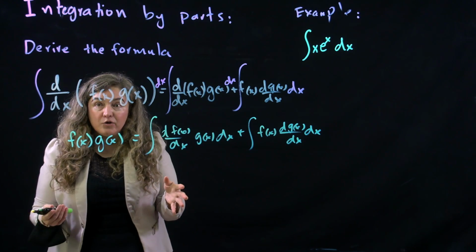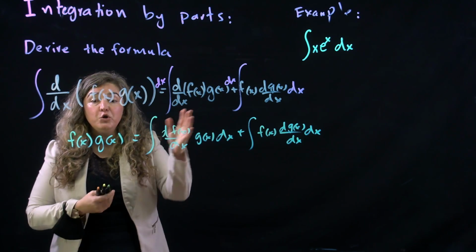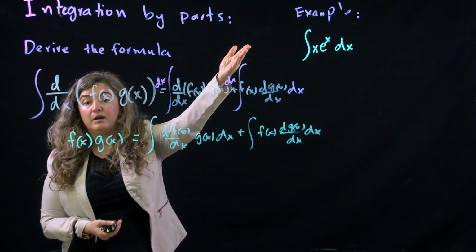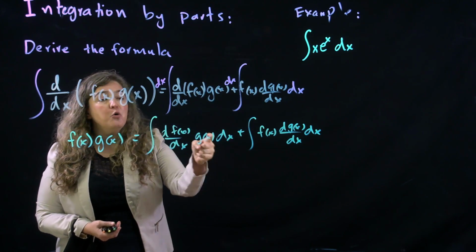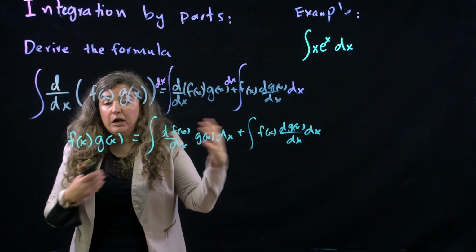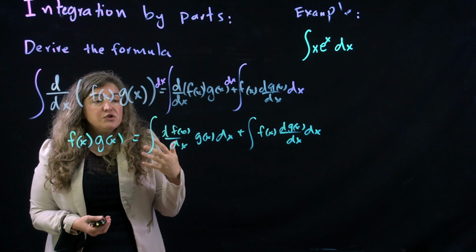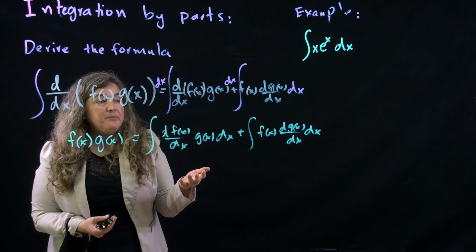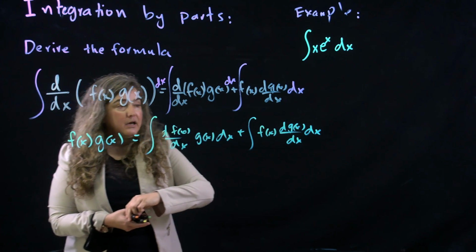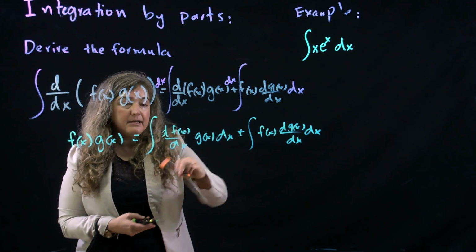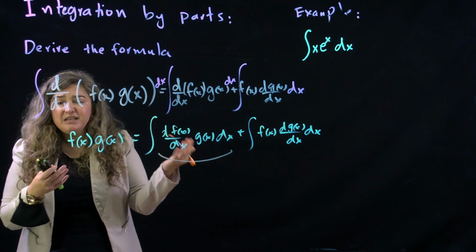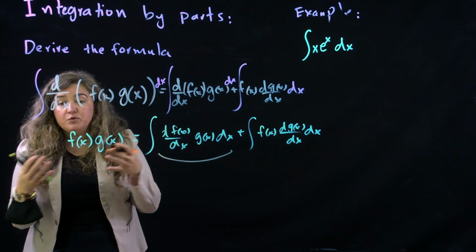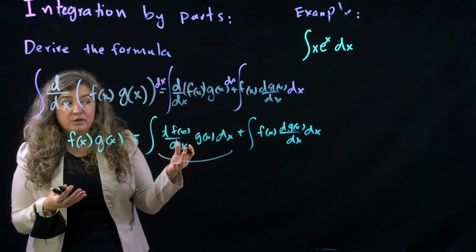It turns out in some cases, and those are the cases where we can use integration by parts, one of these is easier than the other one. So let's say this one is easier than the other one. It doesn't matter, you can choose f of x and g of x to be whichever you want.